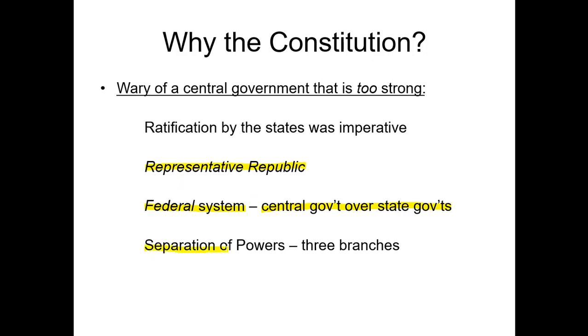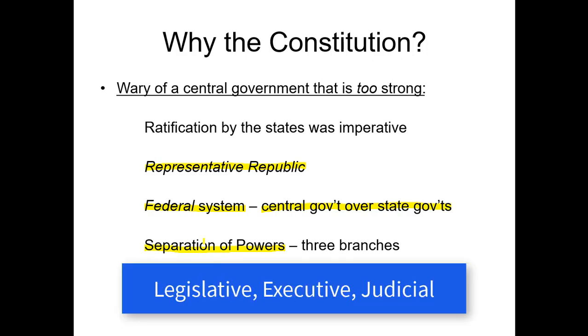They also devised the separation of powers for the federal government, where you have three branches of government: the legislative branch, which makes the laws; the executive branch, which the president is over, that executes the laws; and the judicial branch, which will then interpret the laws.